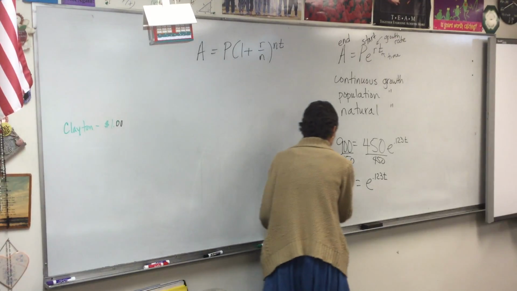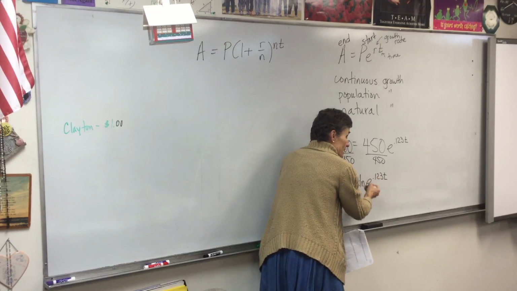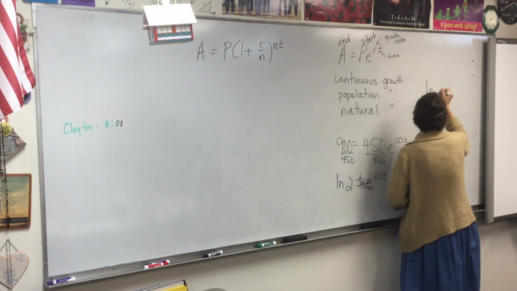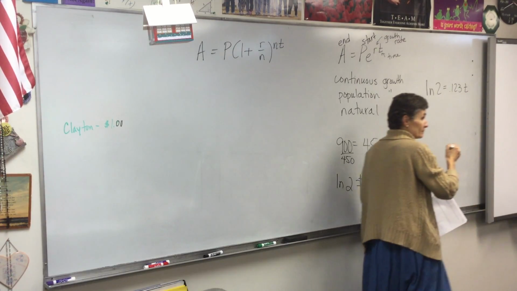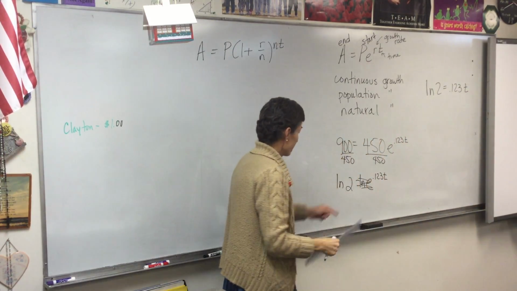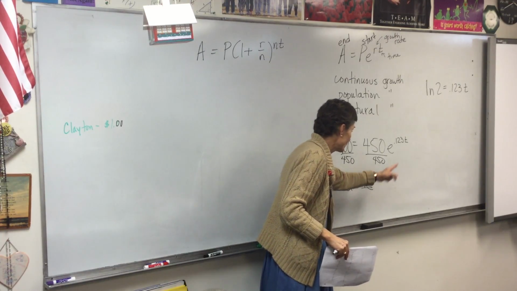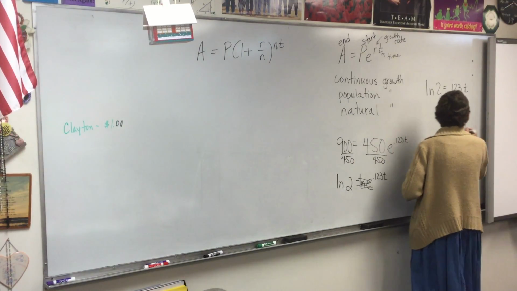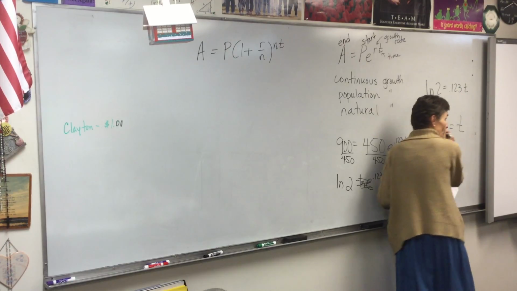And if I ln both sides, what really cool thing happens right here? It cancels. So ln 2 equals 0.123t, which means t equals ln 2 over 0.123.